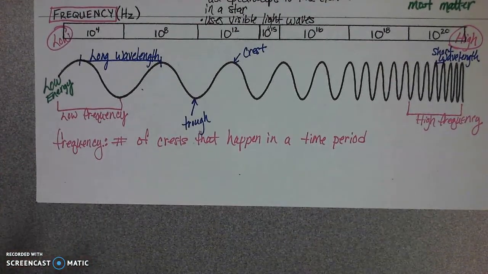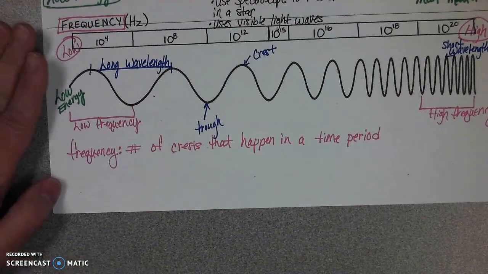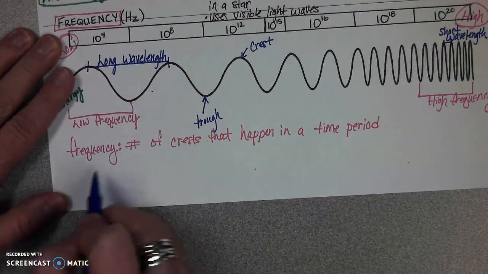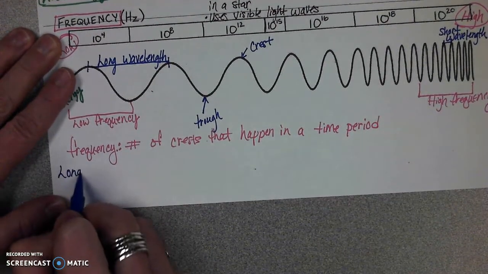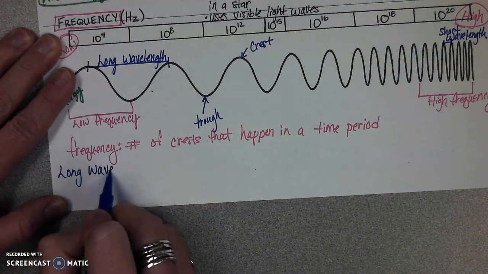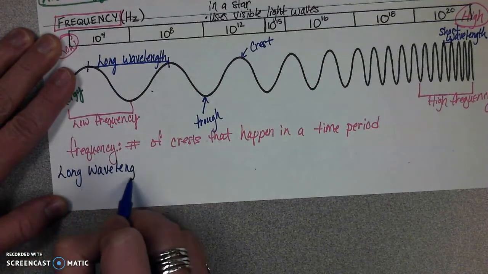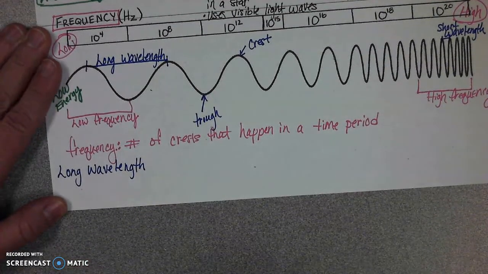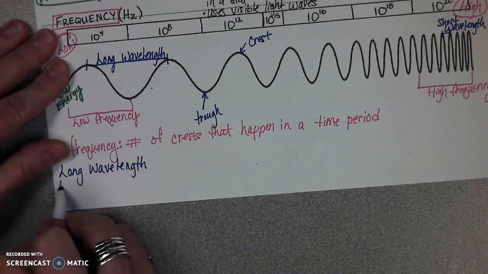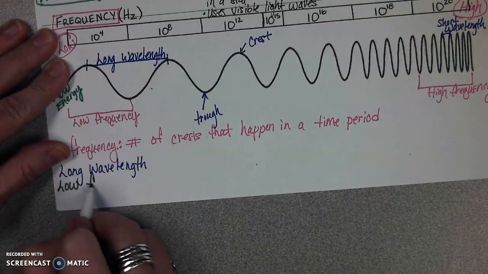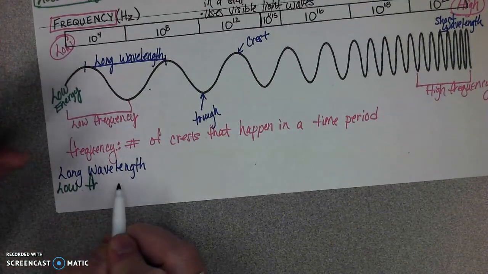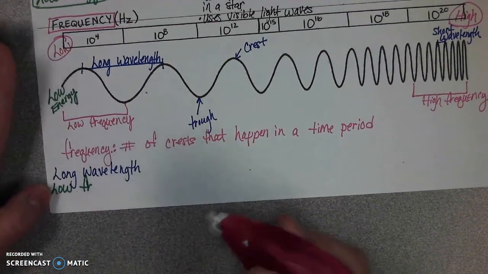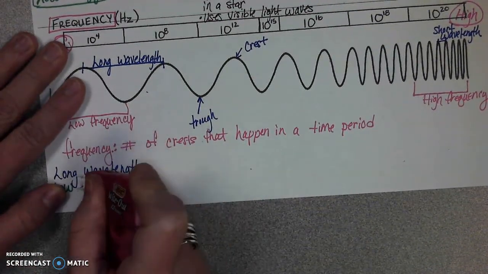One more little thing here at the bottom, just so that you can see a little more visually that we're going to have a long wavelength over here. We are going to have a low frequency, I'm meaning to write low energy. Sorry about that.